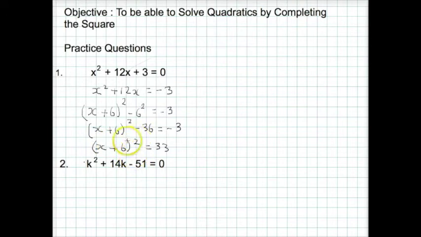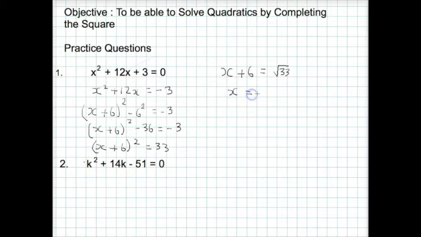Now what we need to do is get rid of the square. To do that, if we take the square root of both sides, we're going to be left with x plus 6 is going to equal the root of 33. And finally, all we need to do is take this positive 6 over where it's going to become a negative 6.